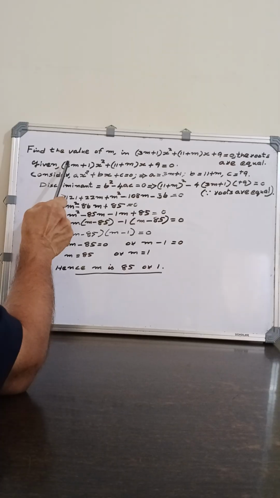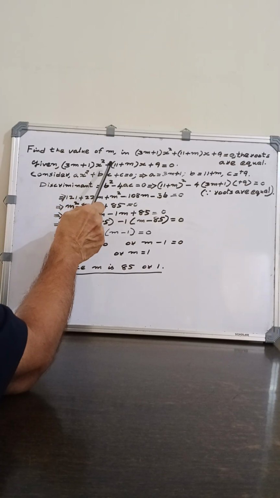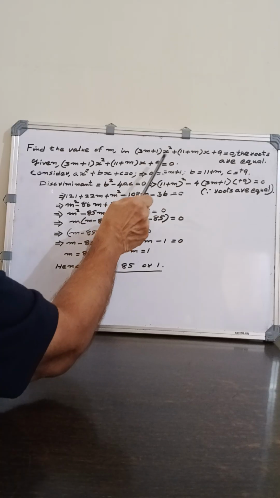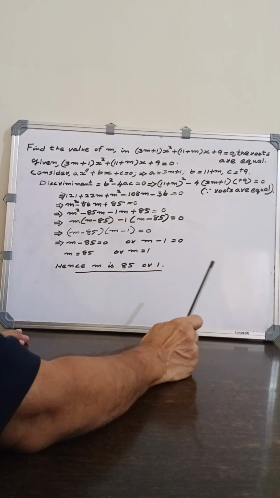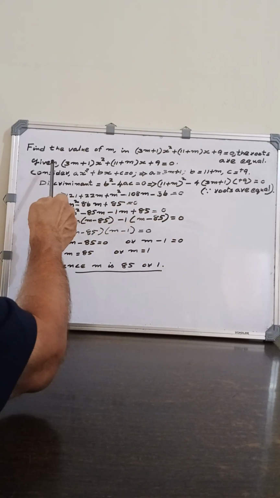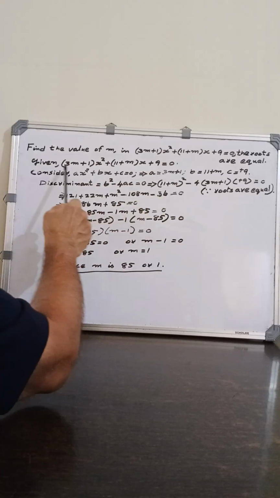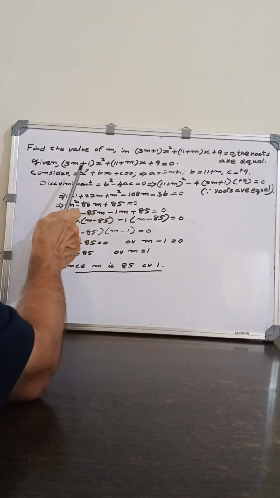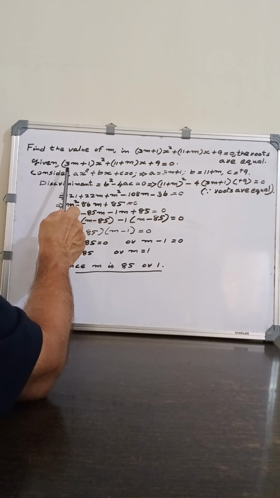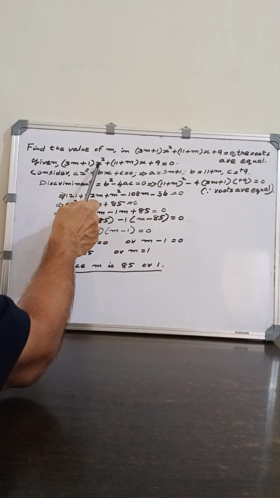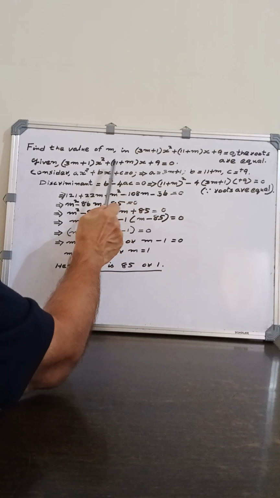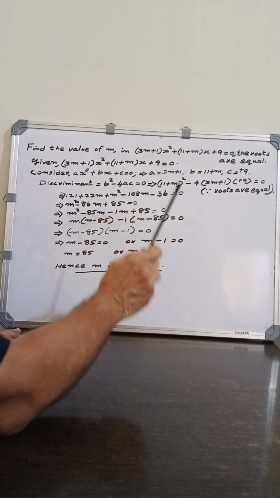Given (3m + 1)x² + (11 + m)x + 9 = 0. In this type of quadratic equation, we have to classify the coefficient of x², the coefficient of x term, and the numeral term.